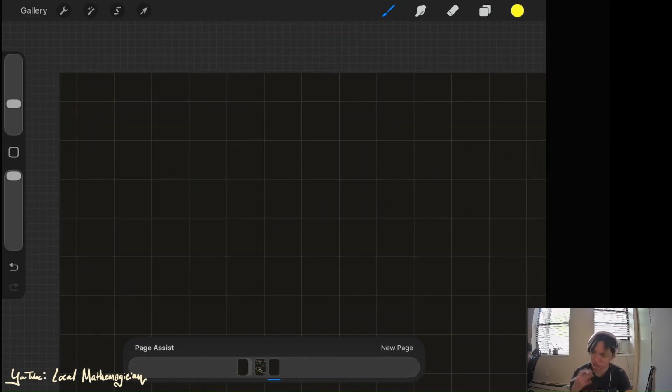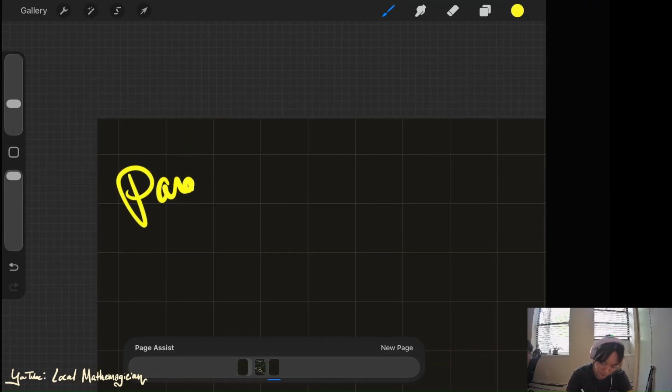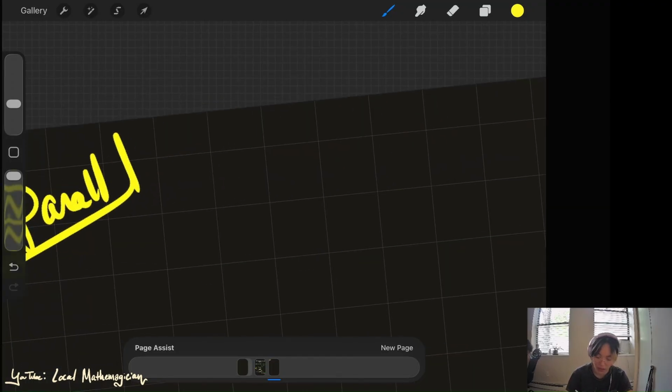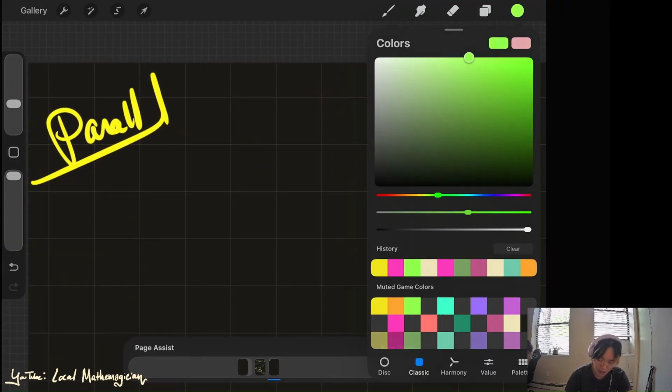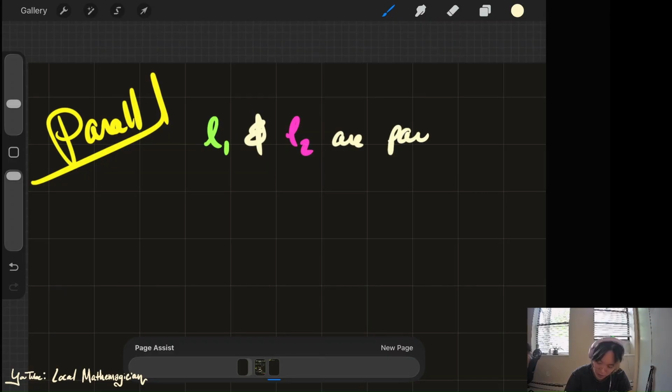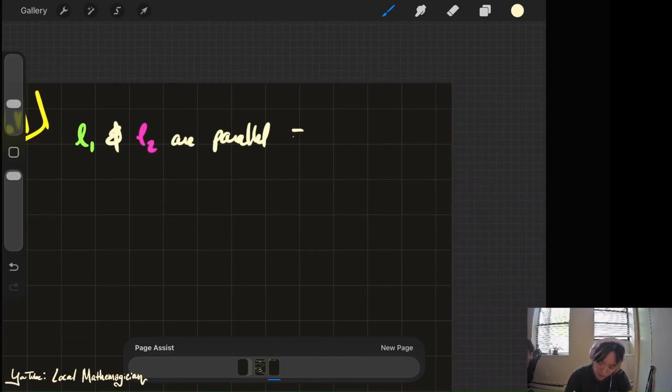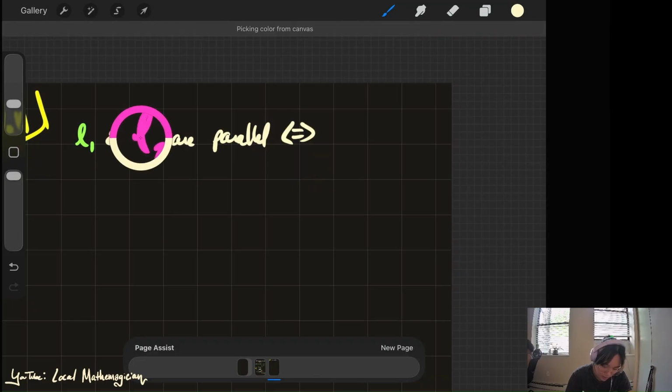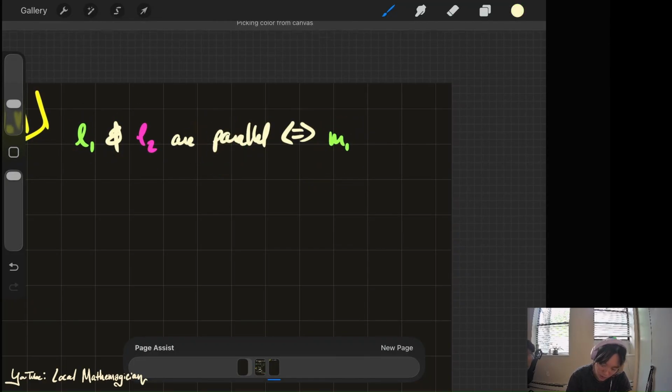The second interesting set of lines are lines that don't intersect, parallel lines, right? And we can say L1 and L2 are parallel if and only if the slope of L1, which we call M1, is equal to the slope of L2, which we call M2.